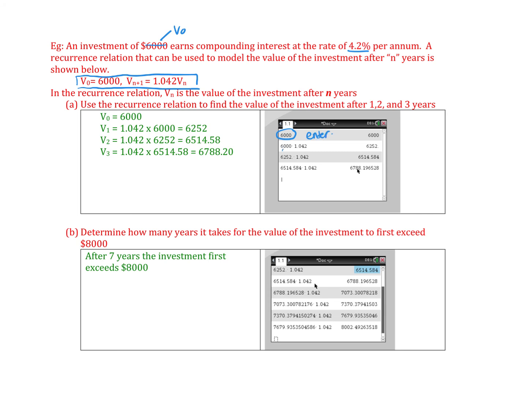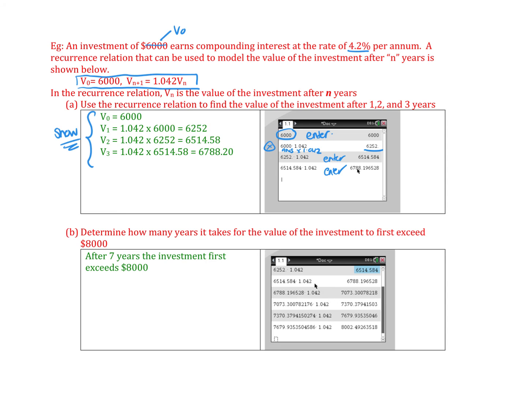When you press times, answer will come up and you'll say times 1.042, and then you press enter and you'll get this. And then all you have to do is keep pressing enter and you'll get the following things. So if they say show, this is what you've got to write out. You've got to show it and write it out like that.